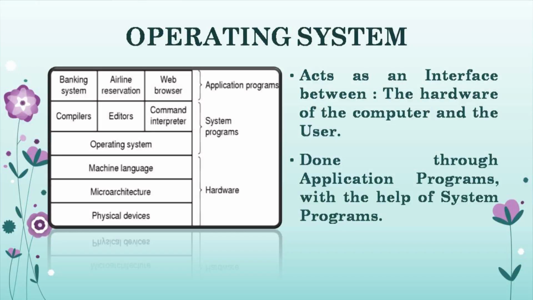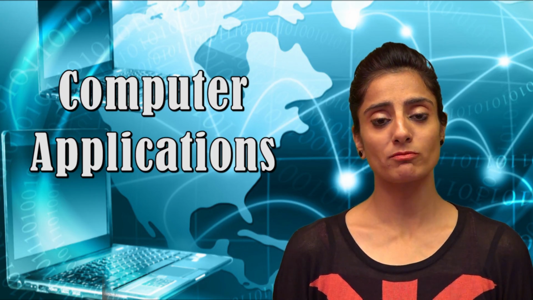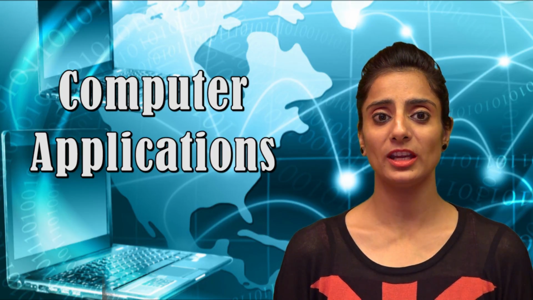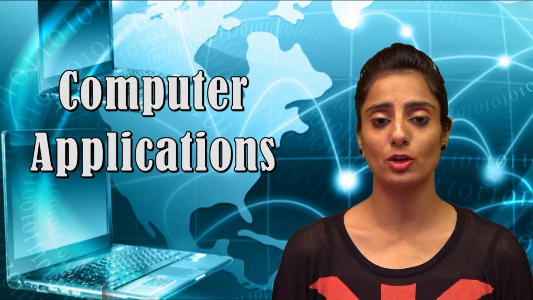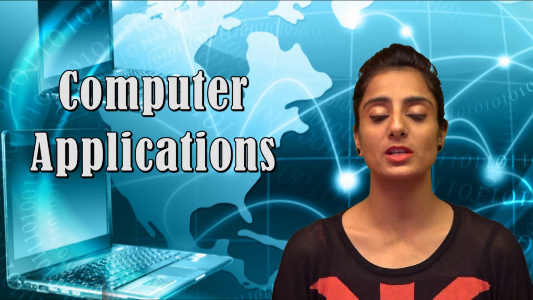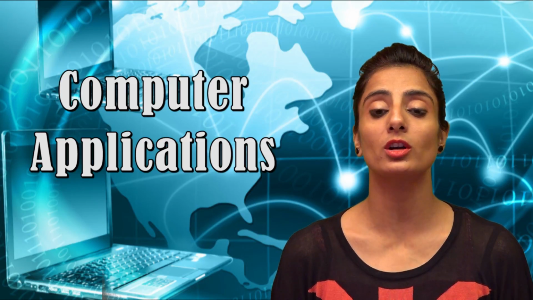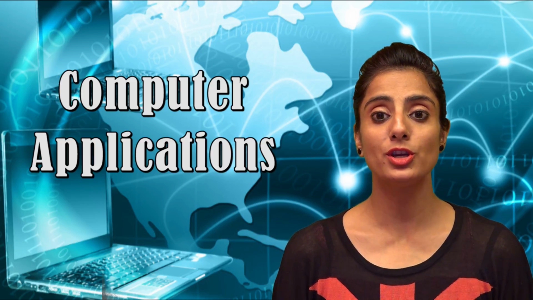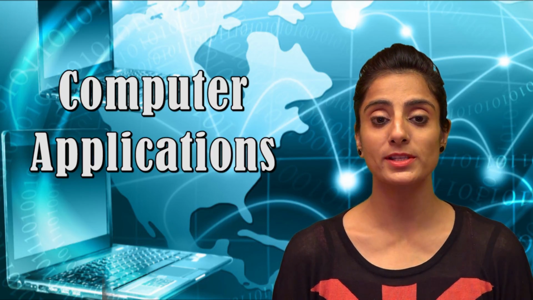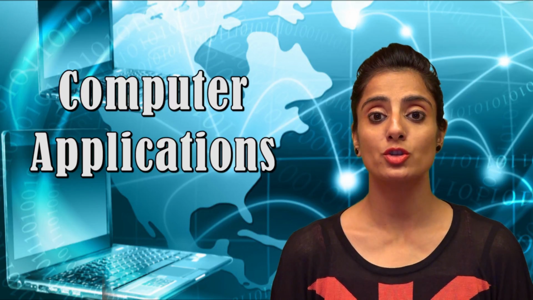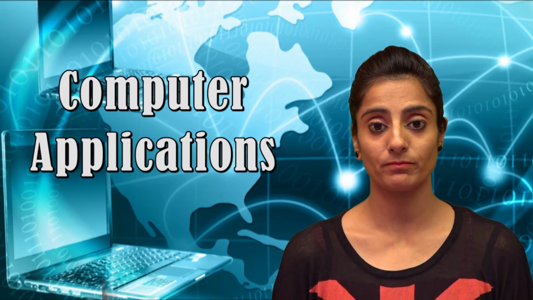Now you're seeing certain terms here like banking system, airline reservation, web browser, etc. For application programs, for example, if at any point in your life you have used a smartphone or a laptop or a computer, you use your mouse and your keyboard to go to a website.